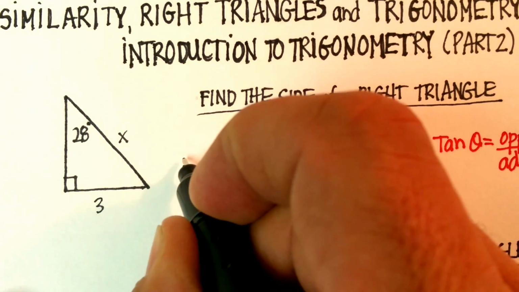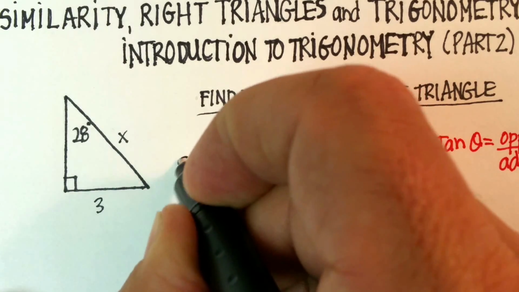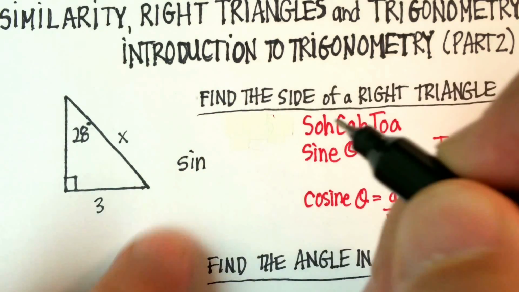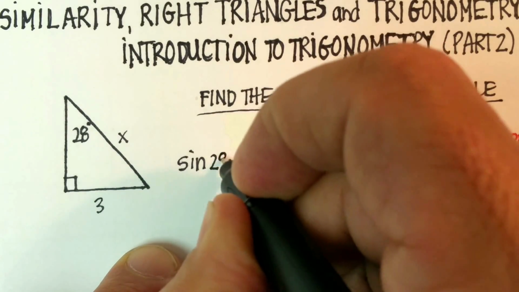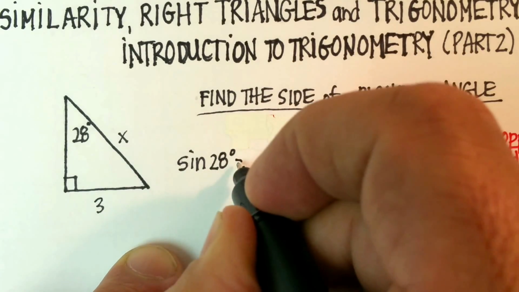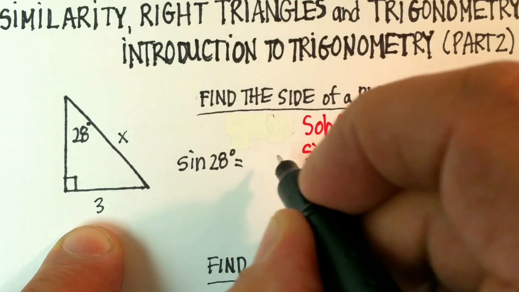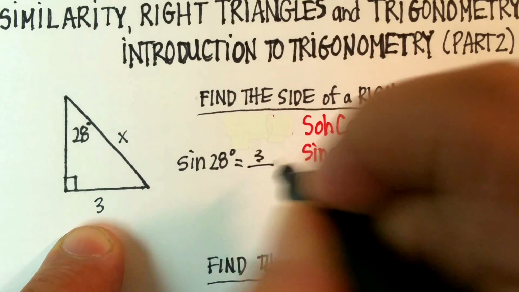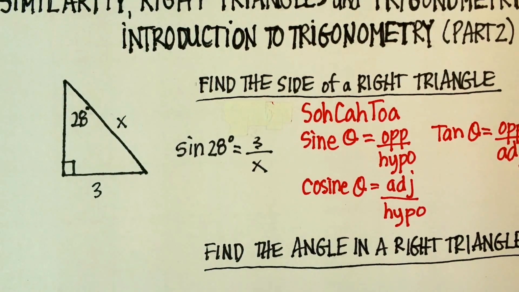I would say the sine, and when you write sine, it's written as S-I-N, okay? Sine of 28 degrees is equal to the opposite side from the 28, which is 3, over the hypotenuse, which is what we're trying to find.